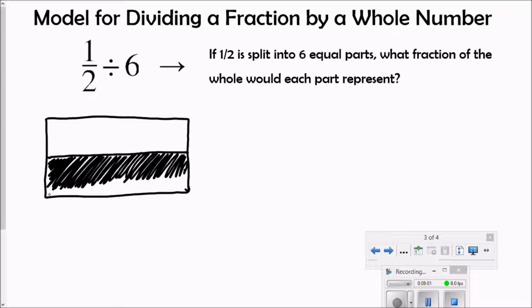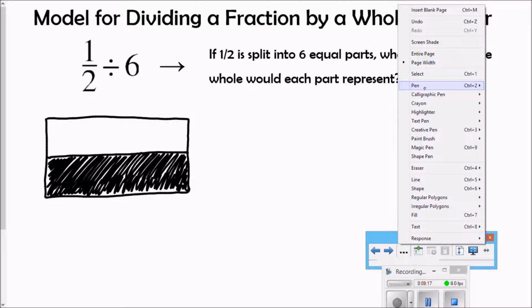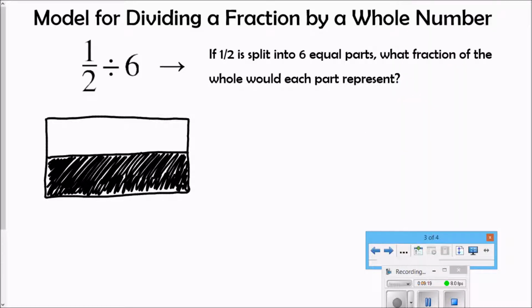I really just need the top because I'm trying to divide 1/2 by 6. So I just want to be able to show 1/2. I'm going to leave the 1/2 I'm going to work with blank. I'm going to change the color up here so it'll be easier for you to see.